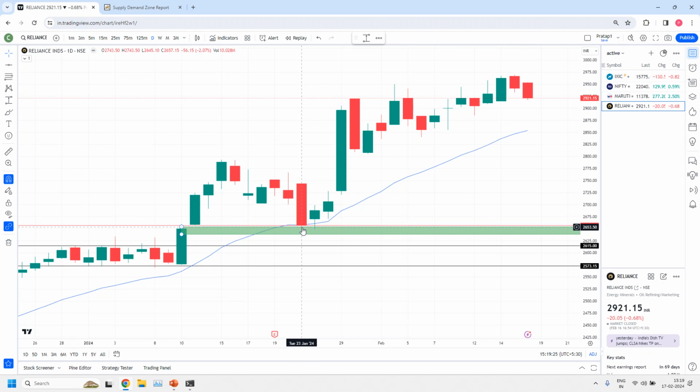Now it is at 2921. That means close to 270 rupees profit we got. And we got the trade on January 23rd, so in less than a month, Reliance has given a very good profit.